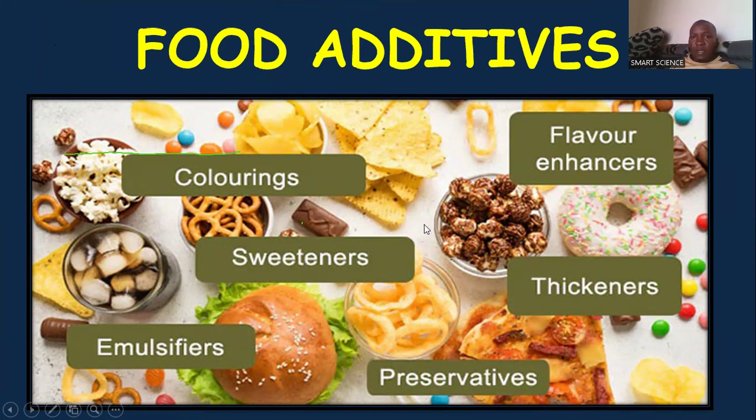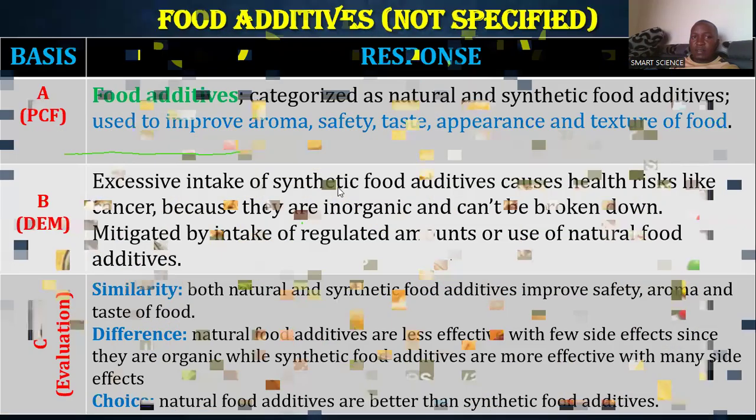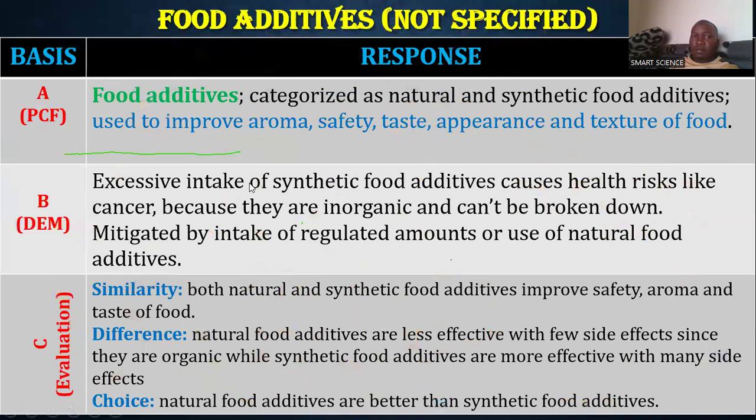However, regardless of the scenario set, our food additives are going to be handled in such a way that the product is a food additive. The product is a food additive. And these food additives are categorized into natural or synthetic food additives.